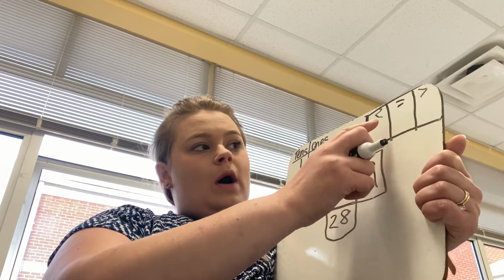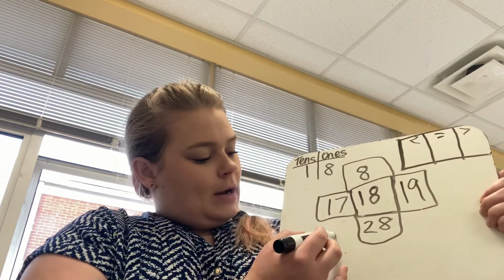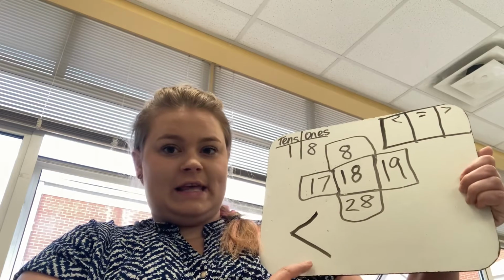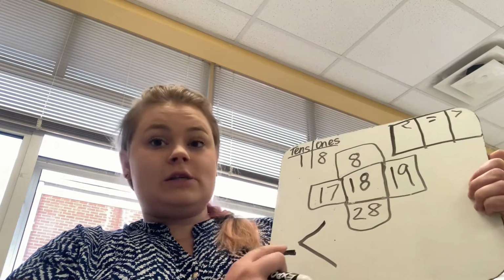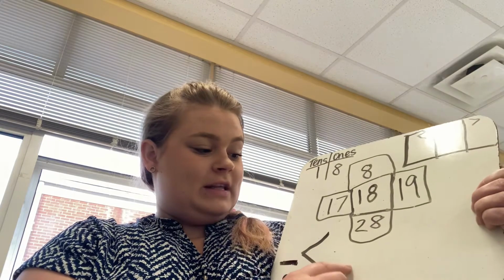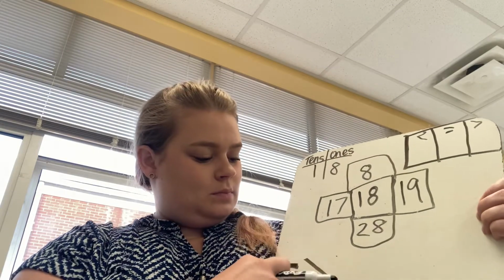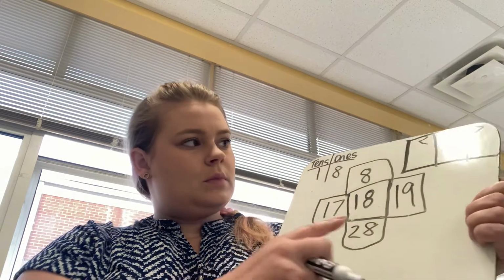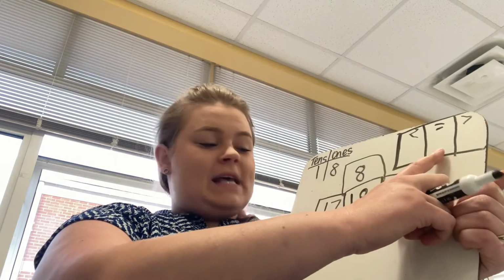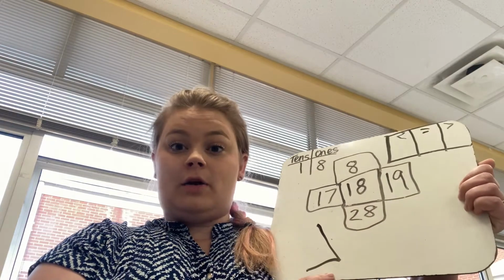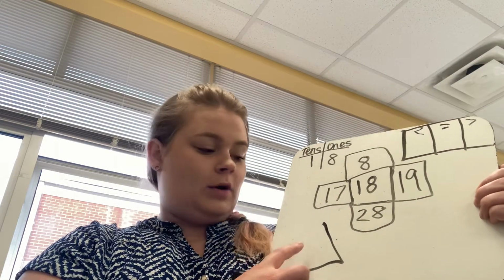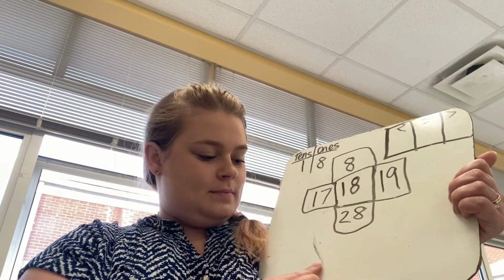The first one, I'm going to draw it big right here, looks like this. That means that this number is going to be less than whatever this number is. Equal means that it's the same. This means greater than. So whatever on this side is going to be greater than whatever on this side.